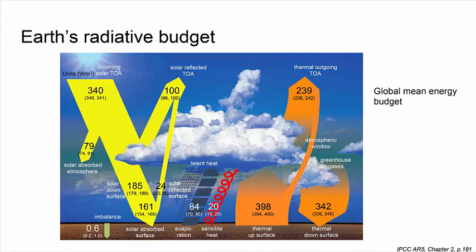Then you have this portion here, which is the atmospheric window, where some of the IR radiation is allowed to escape back up. The total outgoing thermal radiation is around 240. If you add the 240 up with the 100, you get back up so that they're roughly equal. So the incoming is equal to the outgoing.